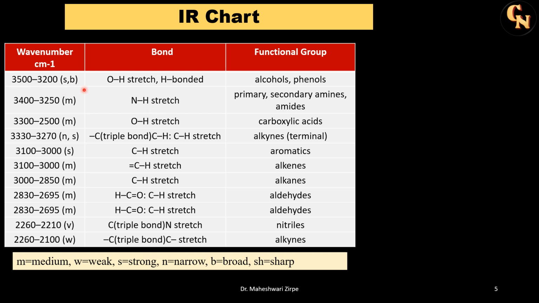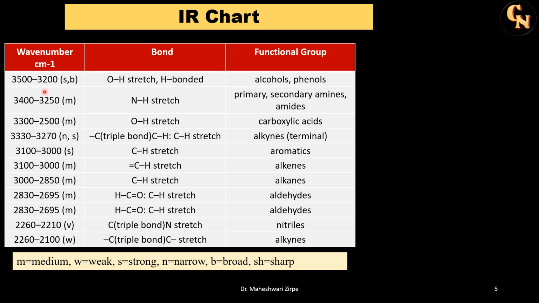For example, if you have the IR signal between 3500 and 3200 centimeter inverse, then it indicates O-H stretching of H bonds, which indicates the functional group of alcohol or phenol.